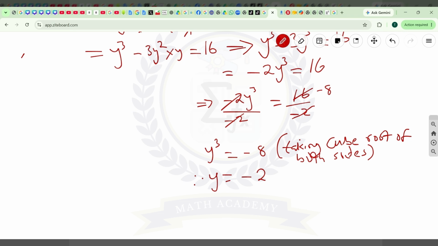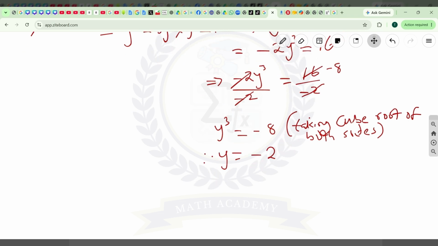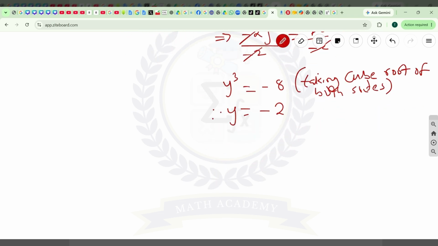Okay, so now we have that our y is equal to -2. Let's find our x. To find our x, I'll substitute the value of y equal to -2 into equation 1, to get my value of x. So what's our equation 1 again?